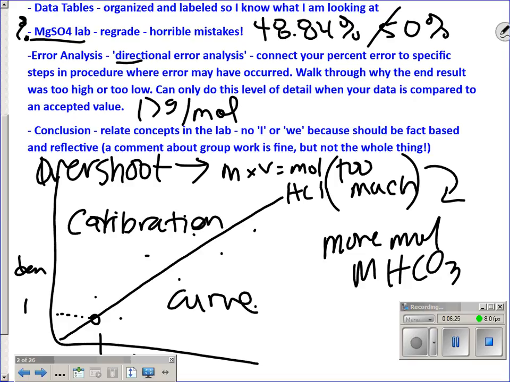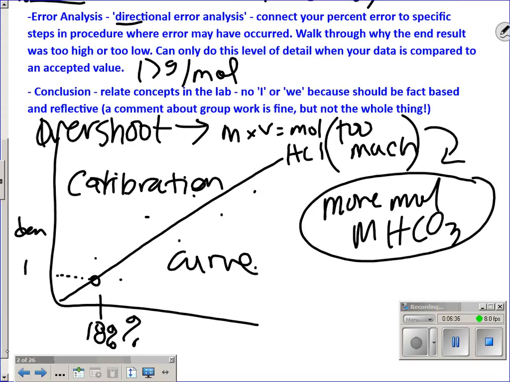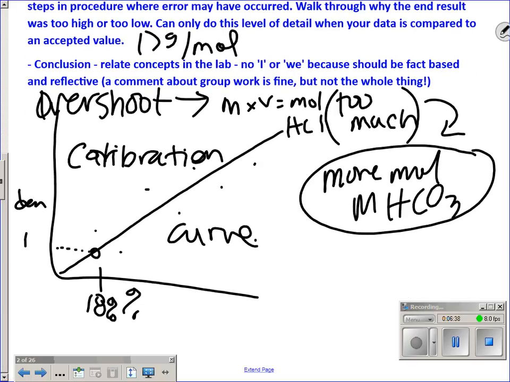So in your calculation of molar mass, where did you put moles of metal hydrogen carbonate? Because that's just moles, straight up moles. How did you calculate molar mass of your MHCO3?